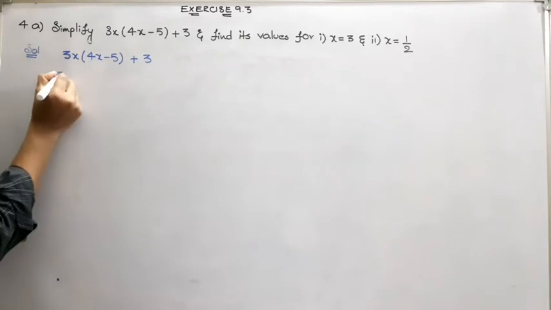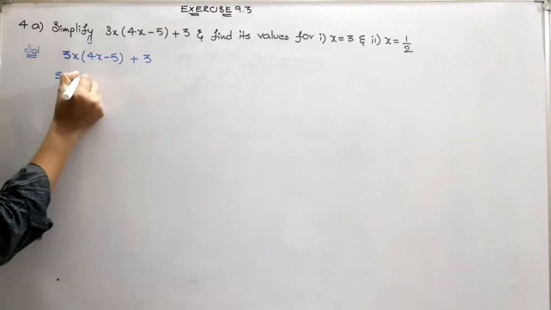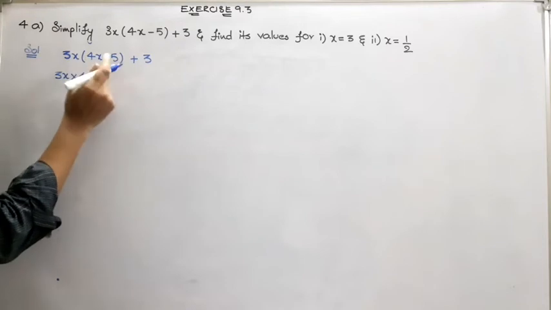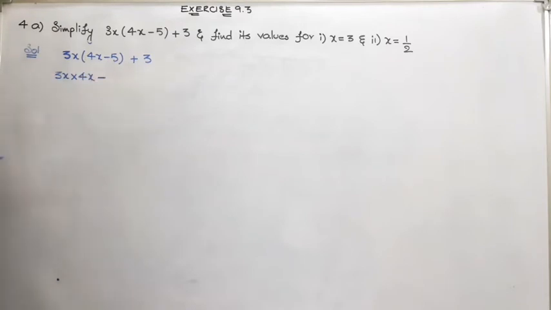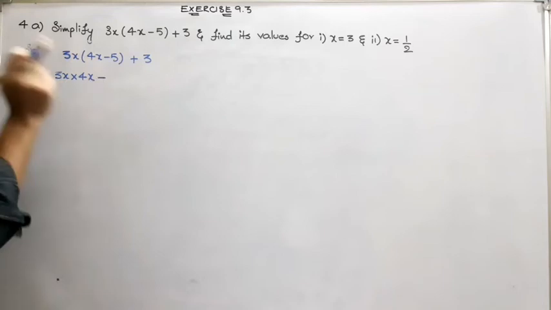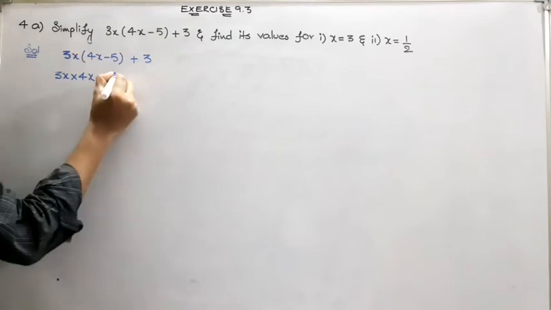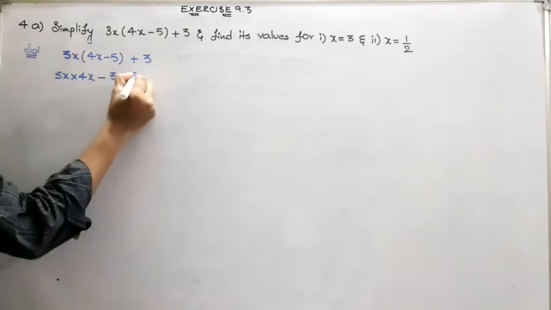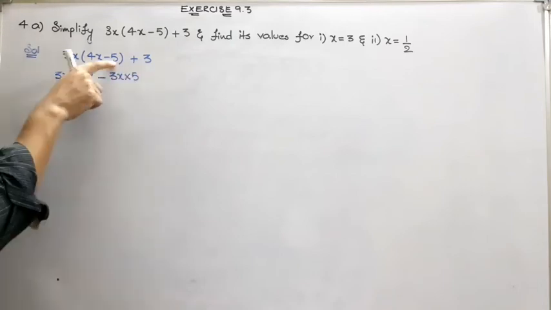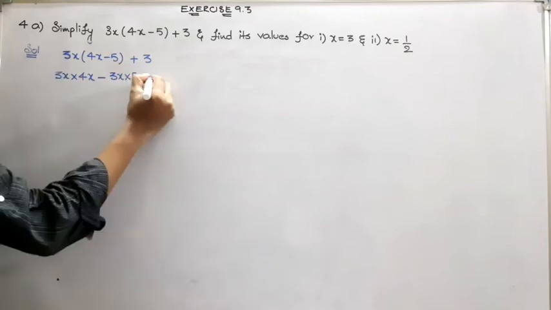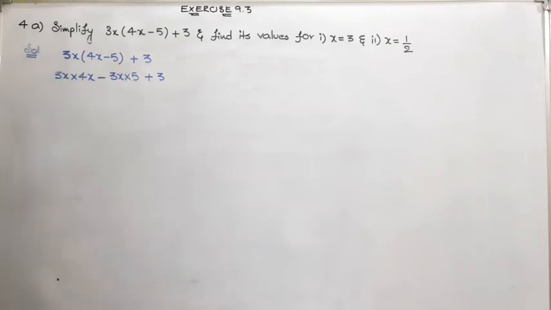So this gives 3x into 4x. As we have minus here, drop that minus, because plus into minus gives us minus, and 3x multiplied by 5. 3x multiplied by 5, plus 3 is the leftover term.